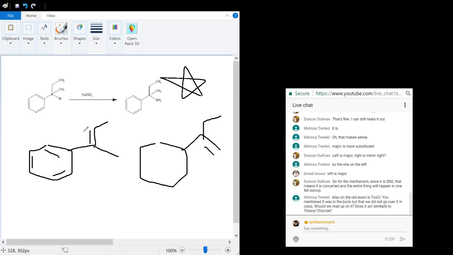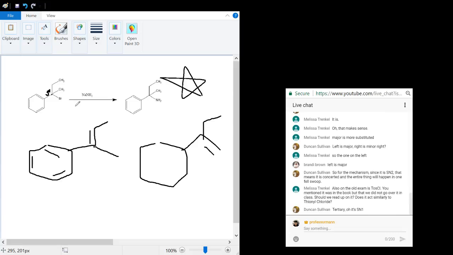No, Melissa, we didn't cover it yet. We'll get to it later. This here's a tertiary carbon, right? I'm trying to write that as tiny as possible. It's not working. That's a tertiary carbon, though. Yeah, so it's going to be SN1.